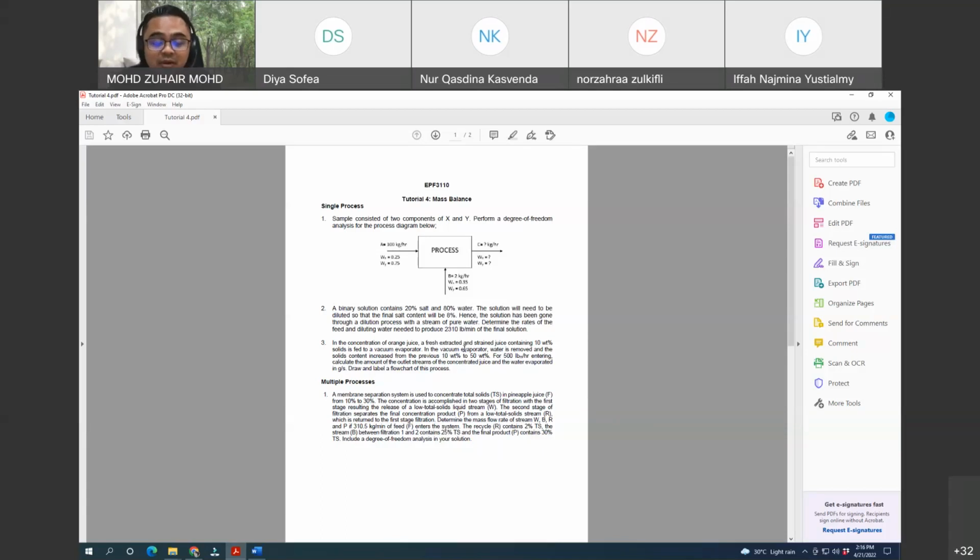Not only the mass balance, but also the energy balance, which you will learn after coming back from the mid-semester break. So that's why it's very important for you to understand how the mass balance should be calculated, so that during that big project you don't have any problem in doing the calculation.